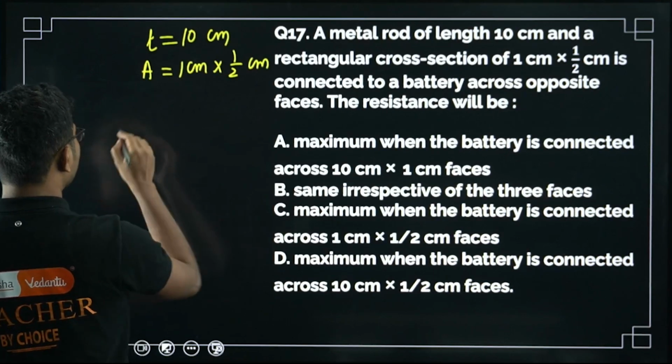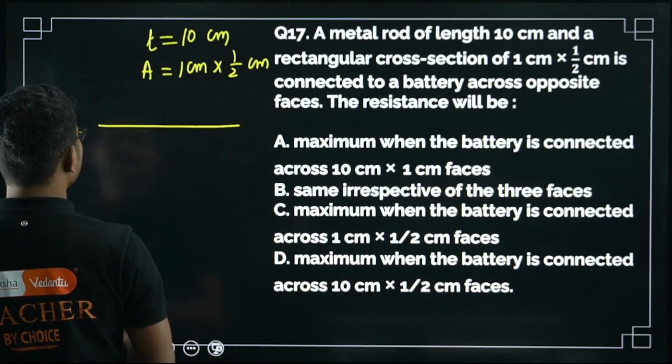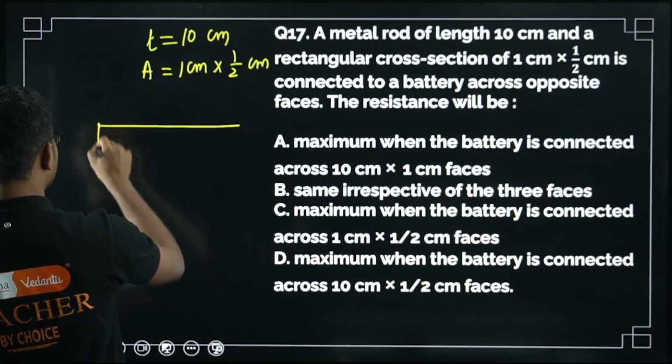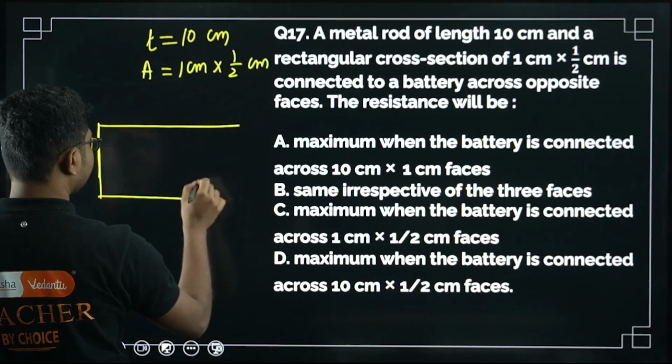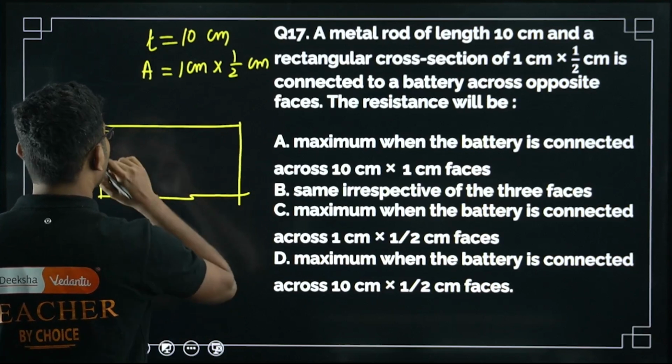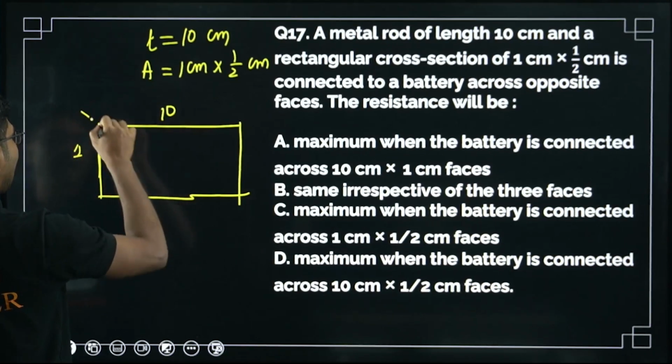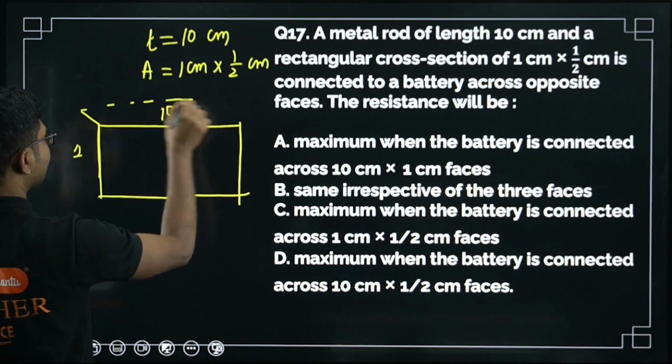So let me draw this. This is the length, and suppose this is the width. So this is 10 centimeter, this is 1 centimeter, and there is a half centimeter width in this direction as well.